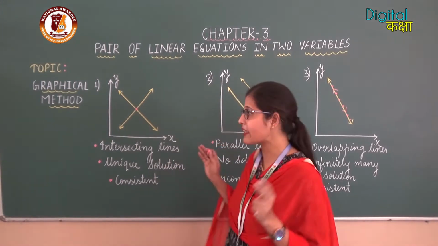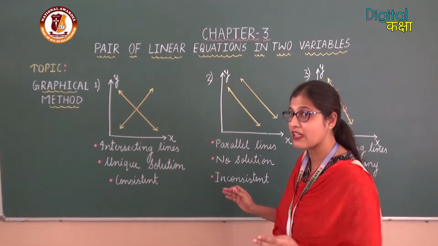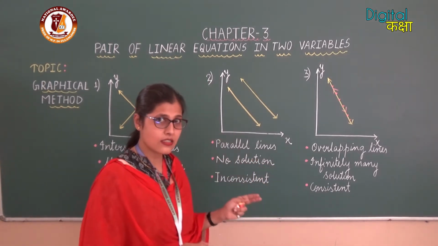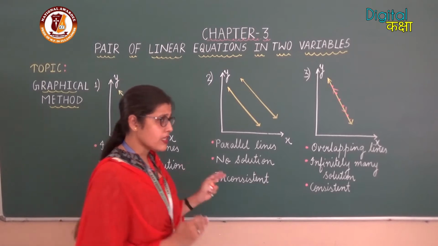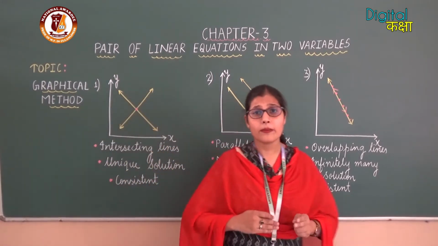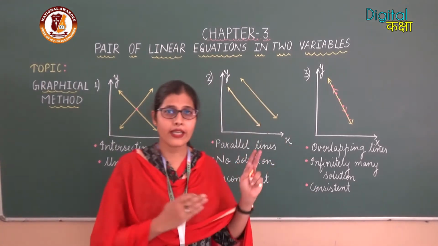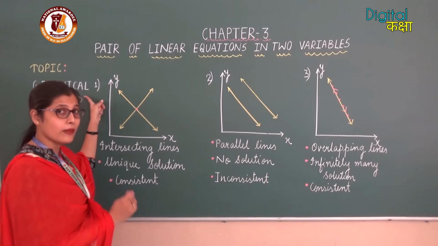So from the three graphs, just by looking at the graph, you can understand whether the type of solution will be consistent or inconsistent. But to understand the topic better, we have to solve some questions based on the given topic, that is the graphical method.